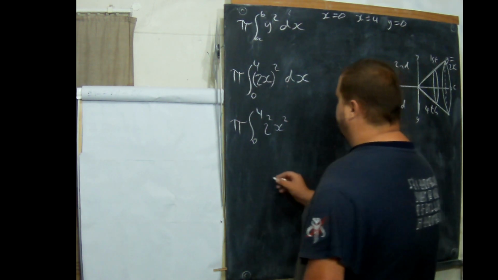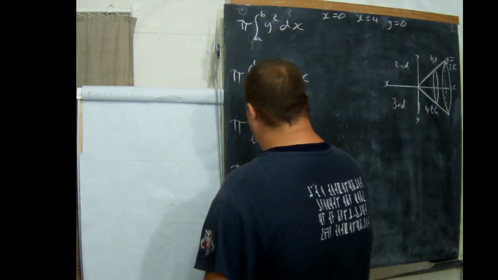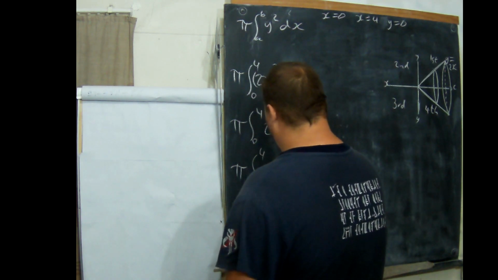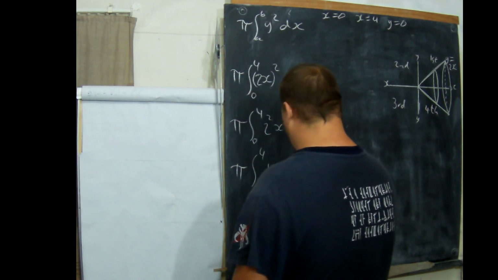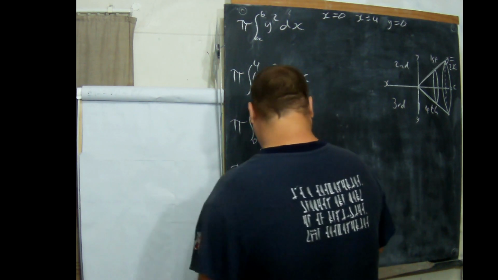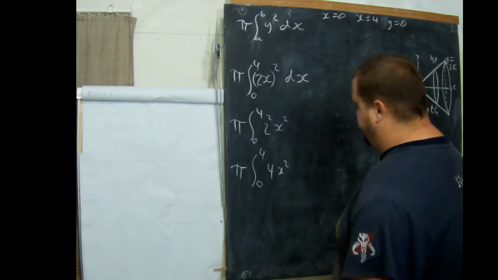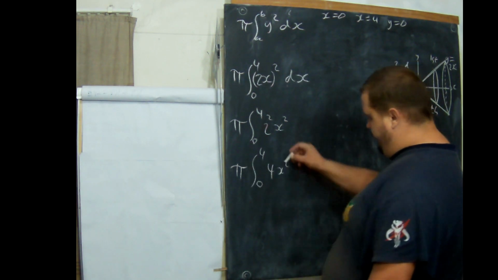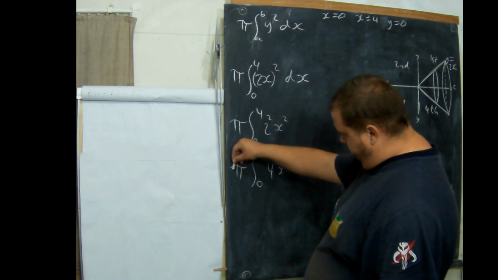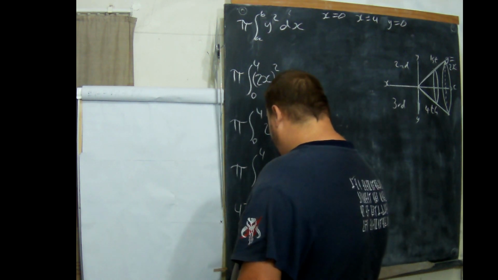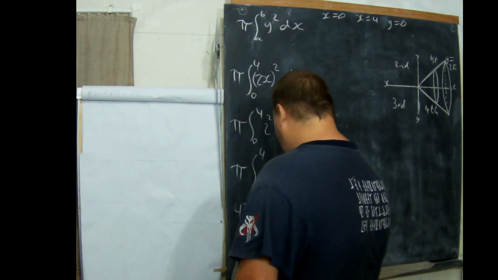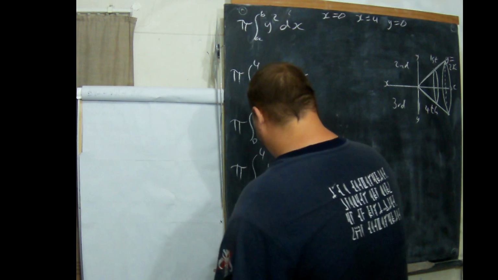So 2 squared is 4x squared. Now to make our lives a bit more simple, what we're going to do is take the 4 and move it outside. So we have 4 pi, 4 and 0, x squared.